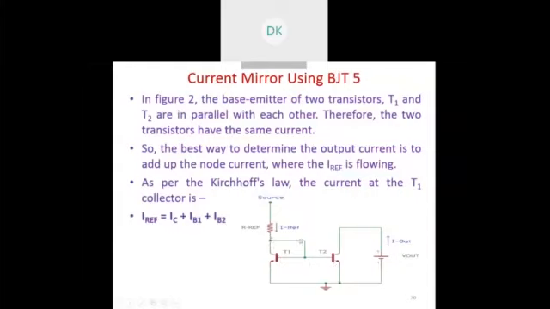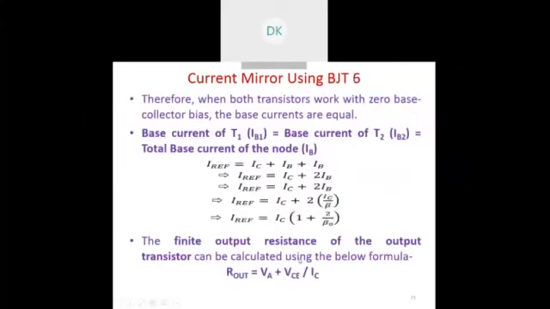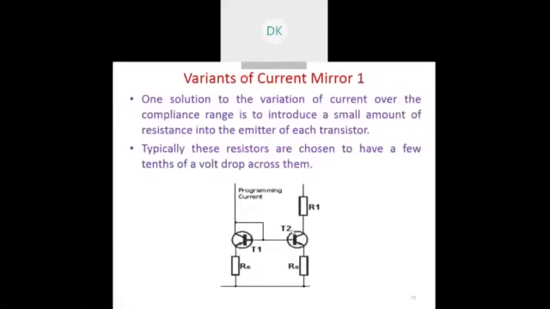Since both the BJTs are equivalent to each other, base currents will be equal. Therefore, I reference equals IC plus IB plus IB, which is equal to IC plus 2IB. The final expression comes to I reference equals IC into (1 plus 2 divided by beta).